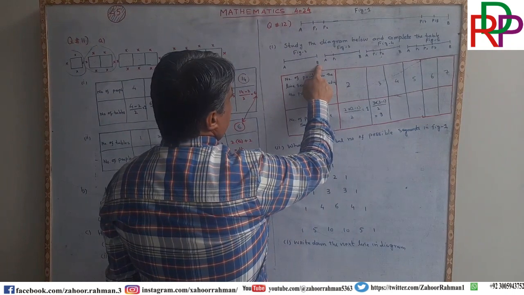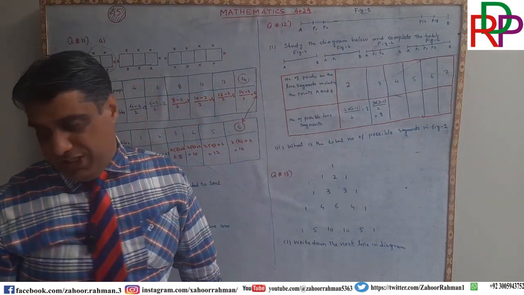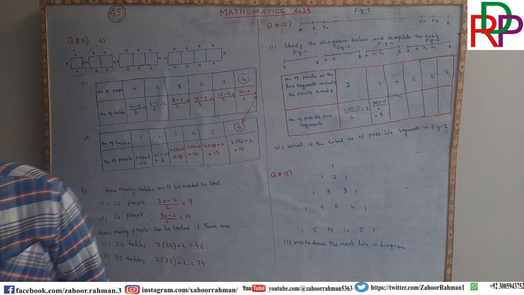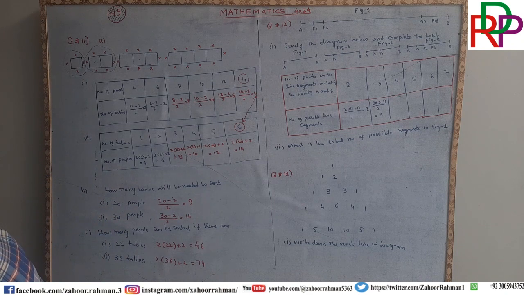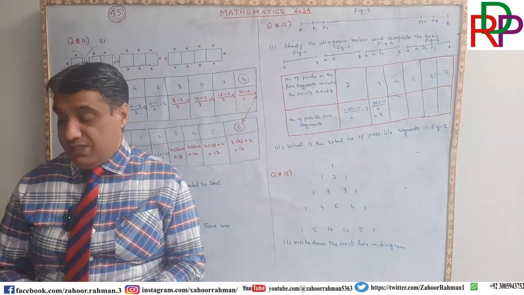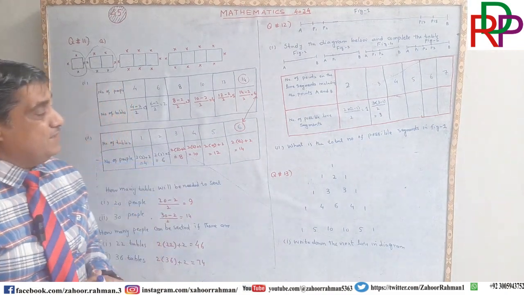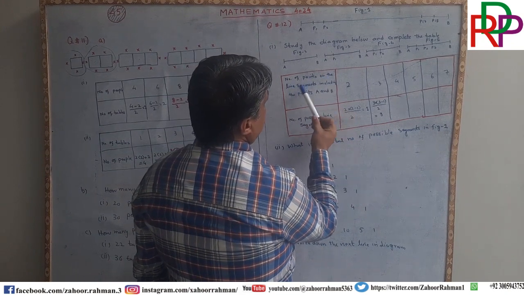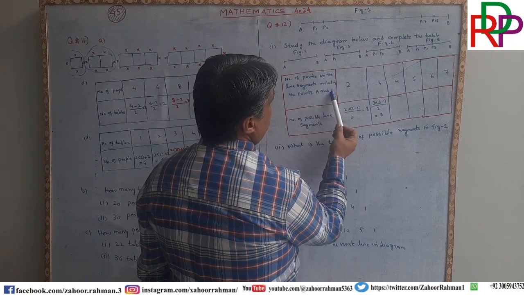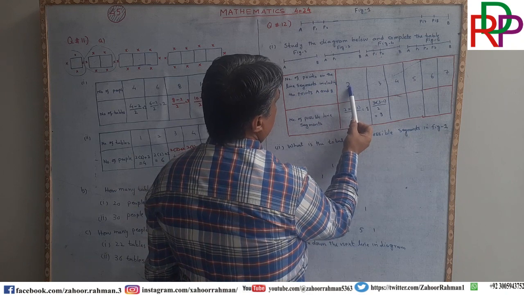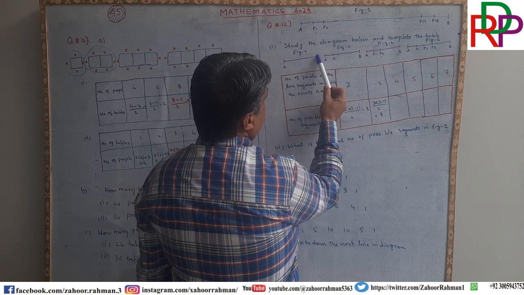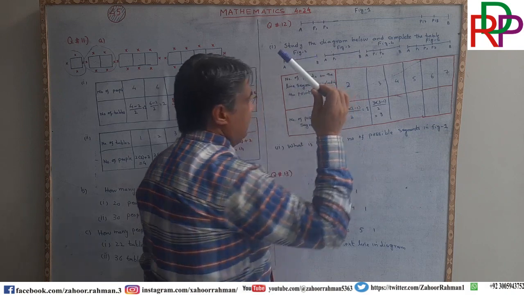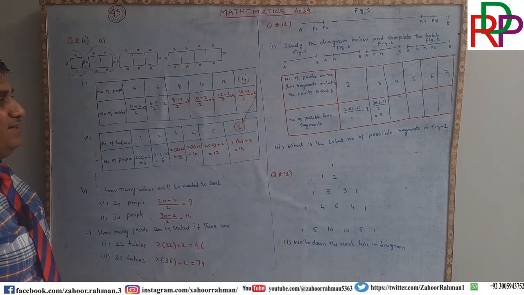AB is the one line segment, so it means that we are having, how many points including A and B. Ladies and gentlemen, if the number of points on the line segment including the points A and B are 2, then we are having only one line between these 2 points.